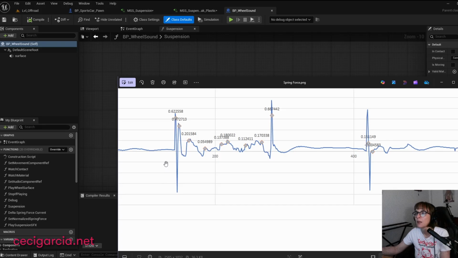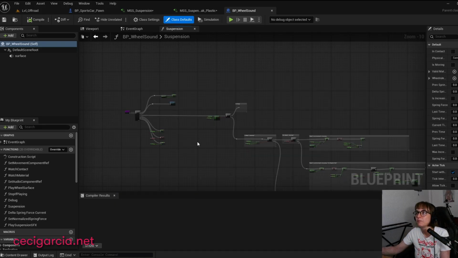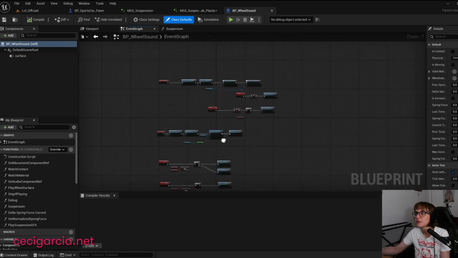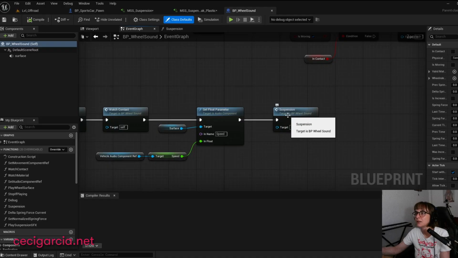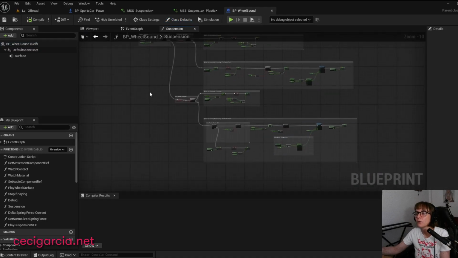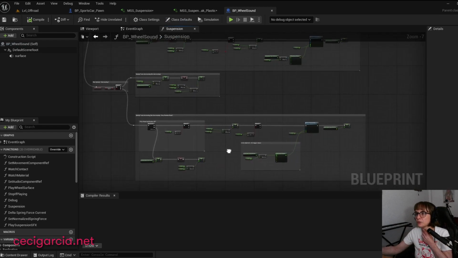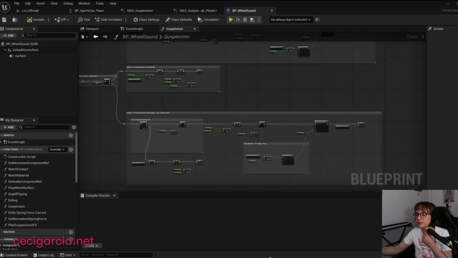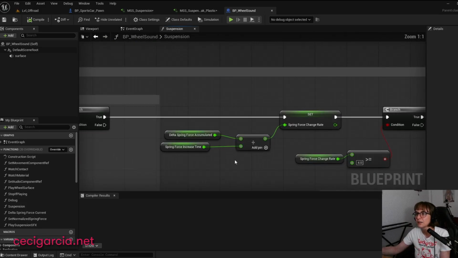Okay. All right. This is the function suspension, which is playing on tick here. I will show you everything, but first I want to show that number that is sent to the MetaSound.